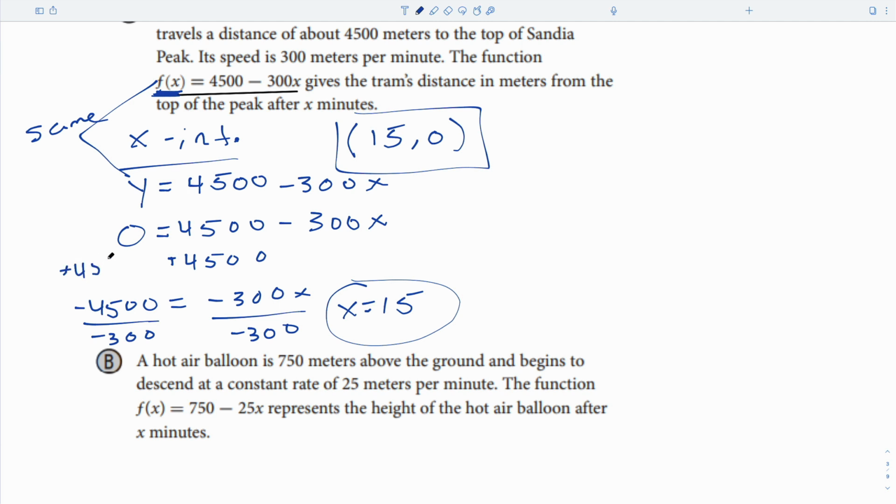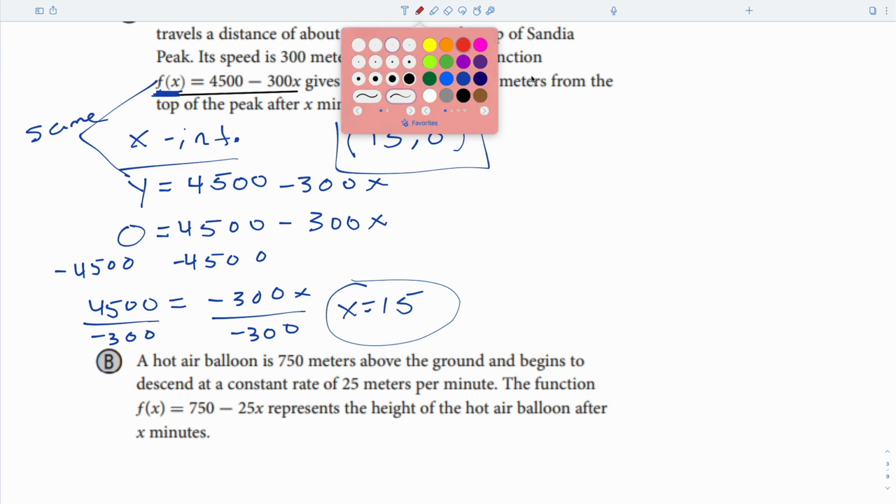It's going to become 4500 positive equals 9,000, and that wouldn't work. If you add it, do you see how those don't cancel anymore? So we need to subtract it. Subtracting it is going to cancel it over here. Do you see it now, though?